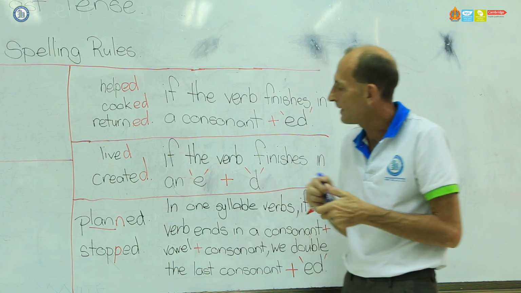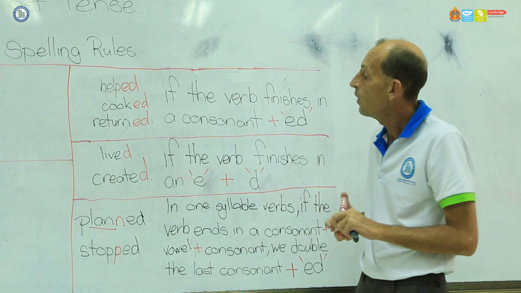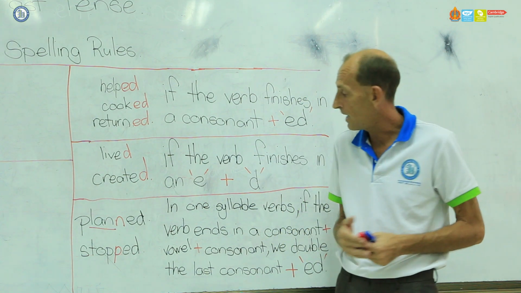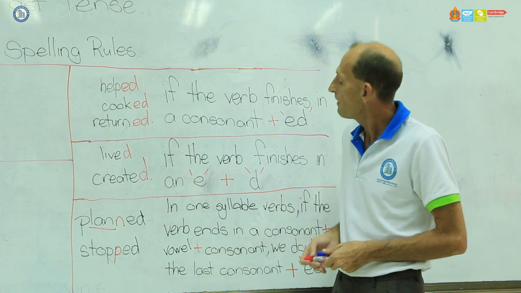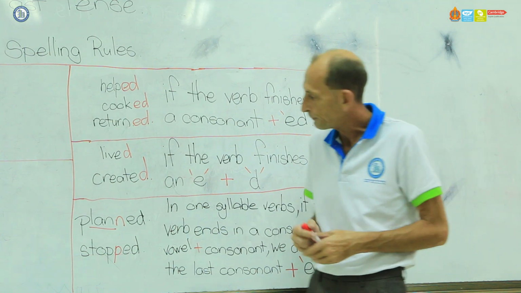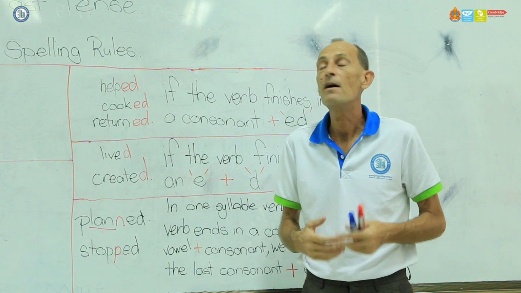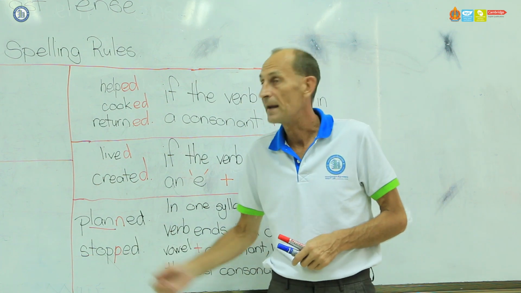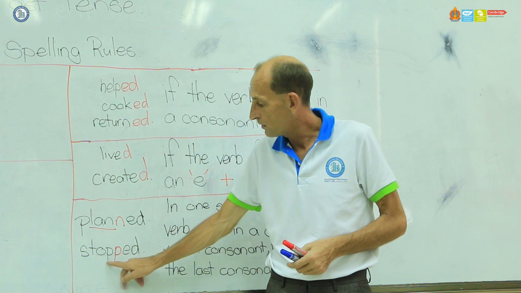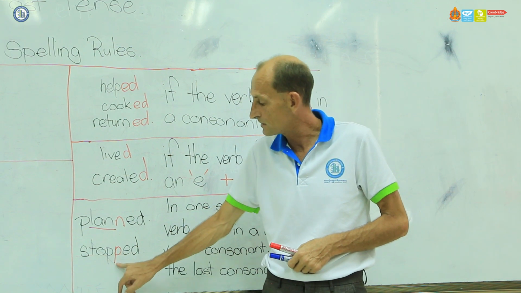Let's go through that one again, because that's another one that we have trouble with. There are two of our rules here that we have a little bit more trouble with than others. When it's a one syllable word, so words like hop, jump, they have just one syllable, and they finish in consonant, vowel, consonant, that's when we have to add the last consonant again.